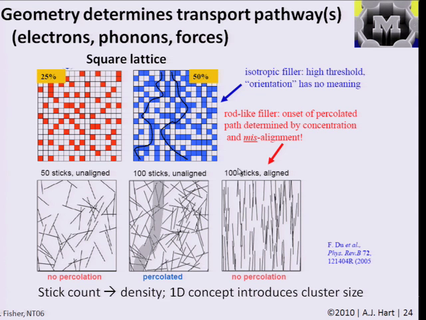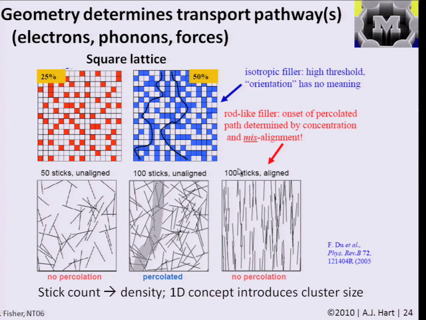And if we go from a lower concentration of sticks to a higher concentration of sticks, there is going to be some critical point at which we can follow transport from one square to another, and we can reach a continuous path through this area.